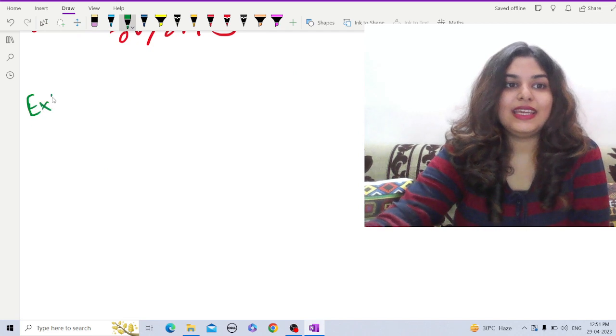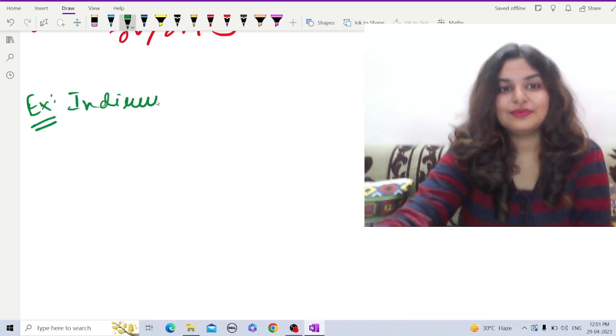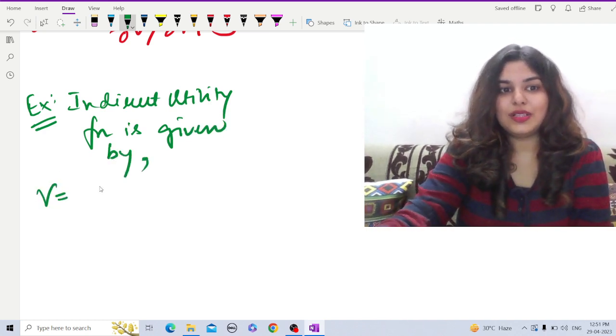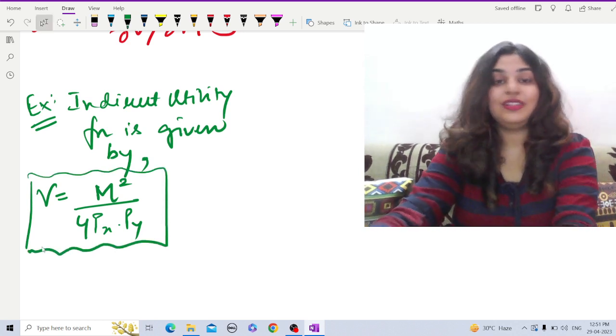Let's say the indirect utility function is given by v is equal to m square by 4 px into py. So this is the indirect utility function that is given to you.